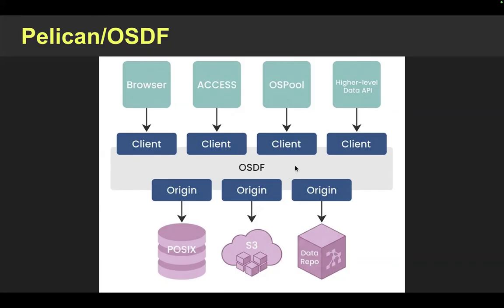I will talk a little more about this later. And we have another component called the registry. When a cache or an origin starts running, it needs to go to the registry and say, hi, I am this origin, I'm going to provide this namespace, or I am this cache, I'm going to provide this namespace.